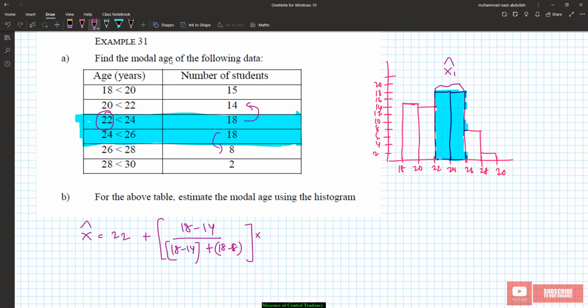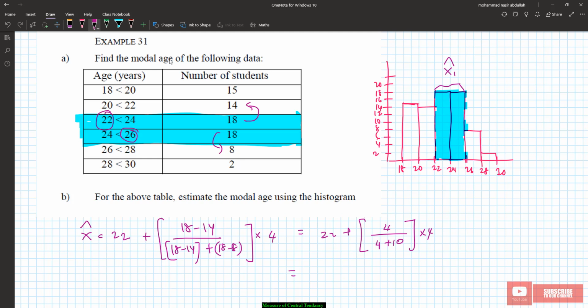So what is the class size here? Since we combine these two together, 26 minus 22 should be equal to 4, right? So this one should be 22 plus 4 divided by 4 plus 10, multiply with 4.